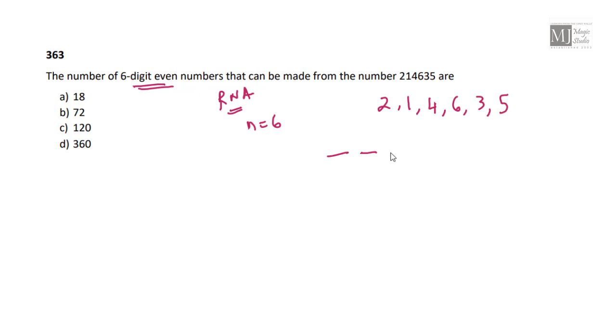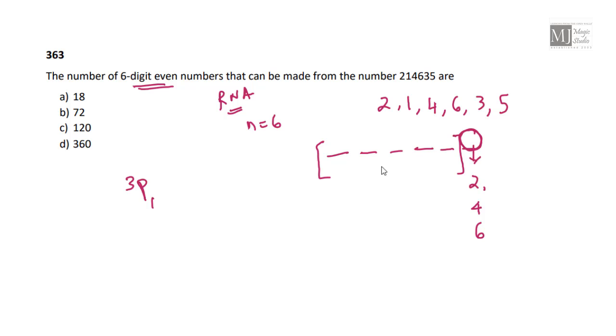Then we need even numbers. The sixth place, the last place, should only be occupied by either 2 or 4 or 6. That means we have 3 options for the last place, and out of 3 options, one can be seated on this position in 3P1 ways.